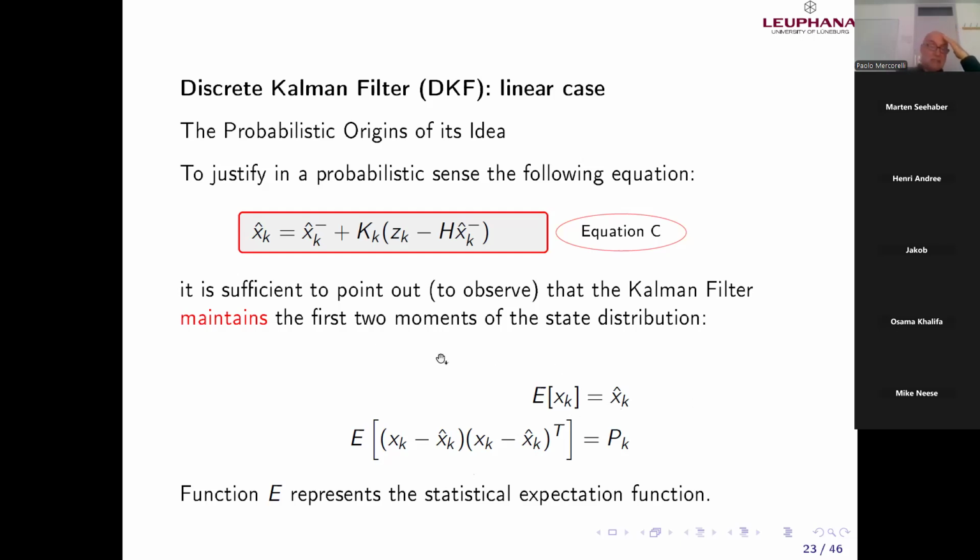The step here is due to the linearity. It's sufficient to observe that the Kalman filter maintains the first two moments of this distribution. Basically, after the Kalman filter, these two properties are maintained.